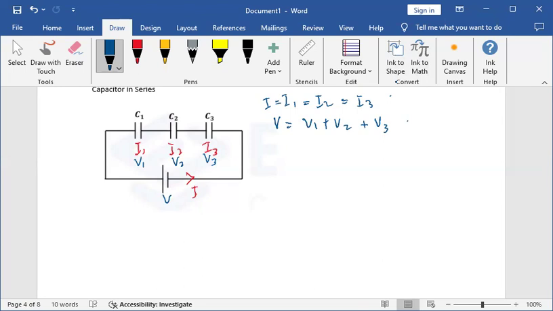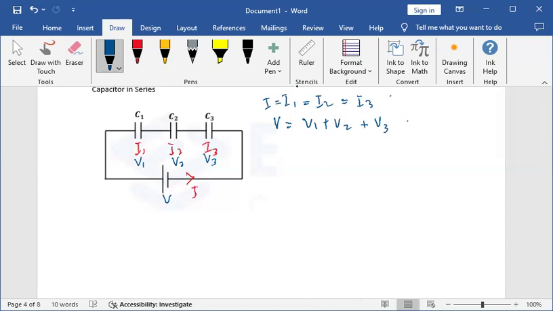And then for V, we make an equation in charge and capacitance.